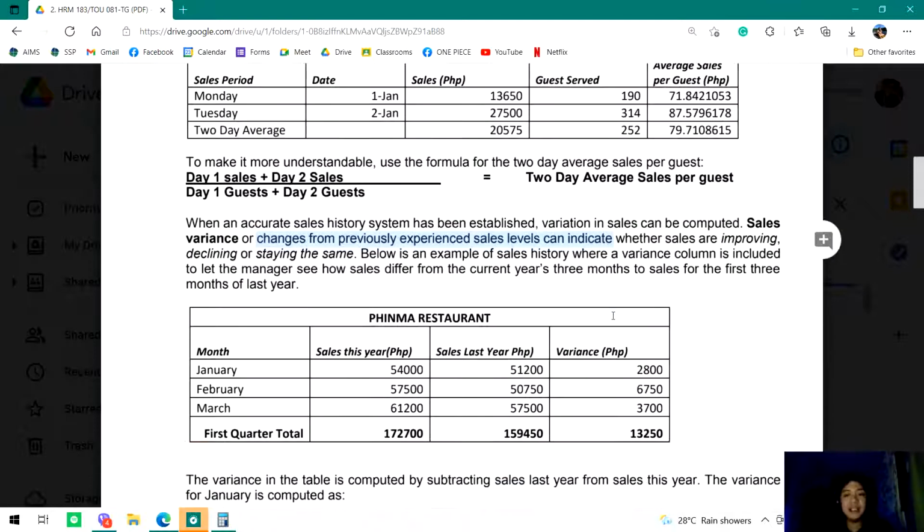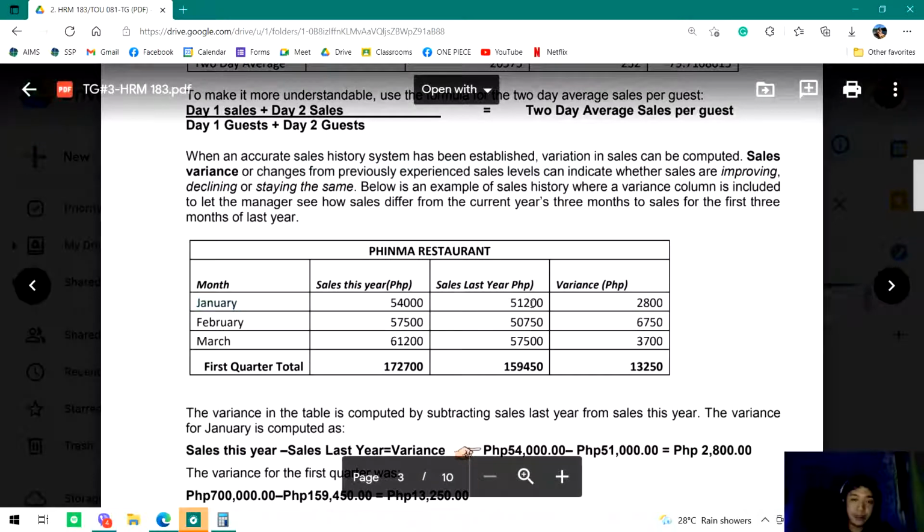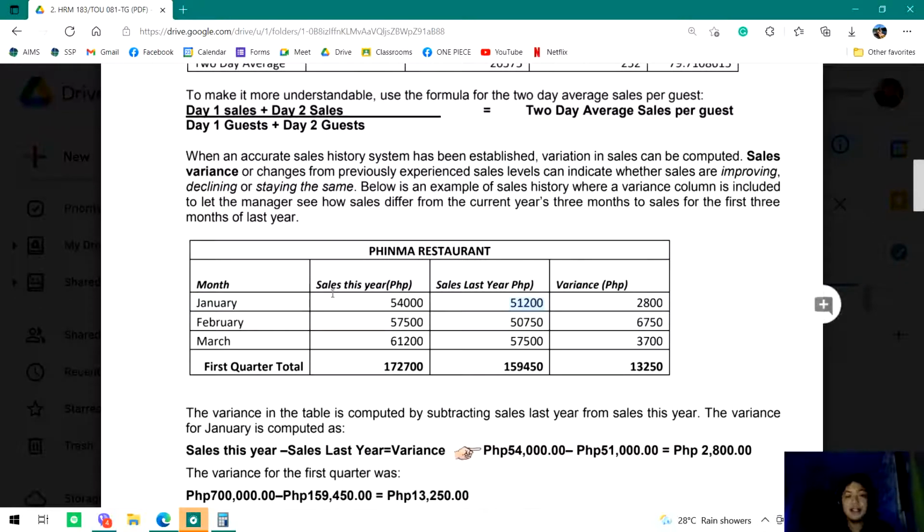Let's say for example, in this column, the sales are listed by month. The sales of January last year is 51,200. The sales of January this year is 54,000.